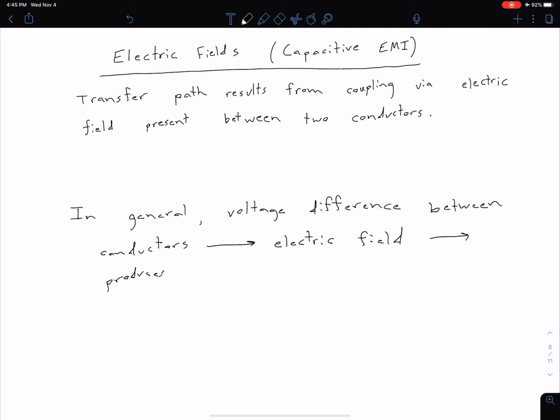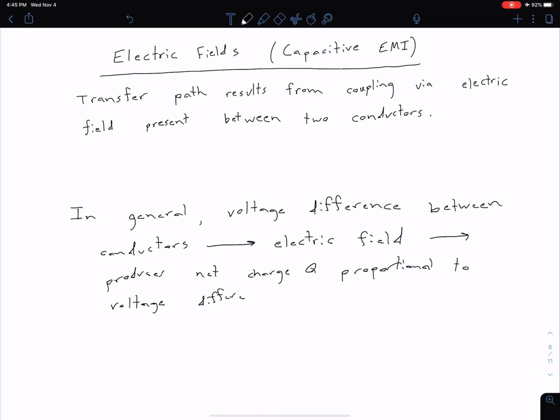So it produces some net charge Q, which is proportional to the voltage difference between the two conductors.